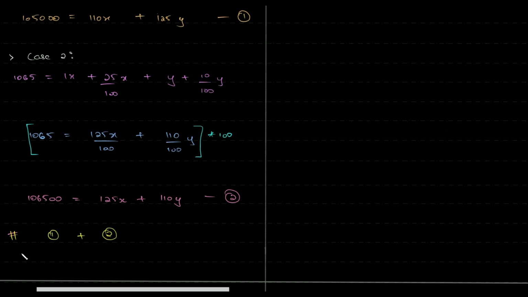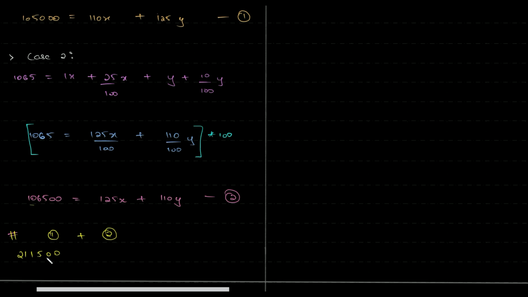Since I don't have space, I'm going to do it here itself. Basically 2 zeros are there by default, 500 is there by default.